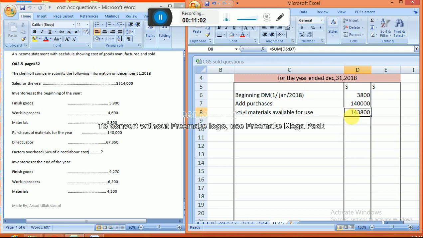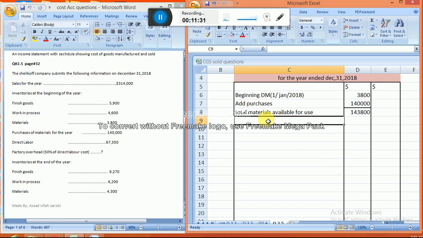The 1,43,800 material is now available for use, which means that we have the 1,43,800 material in the store to put into process. Today is 31st of December 2018.